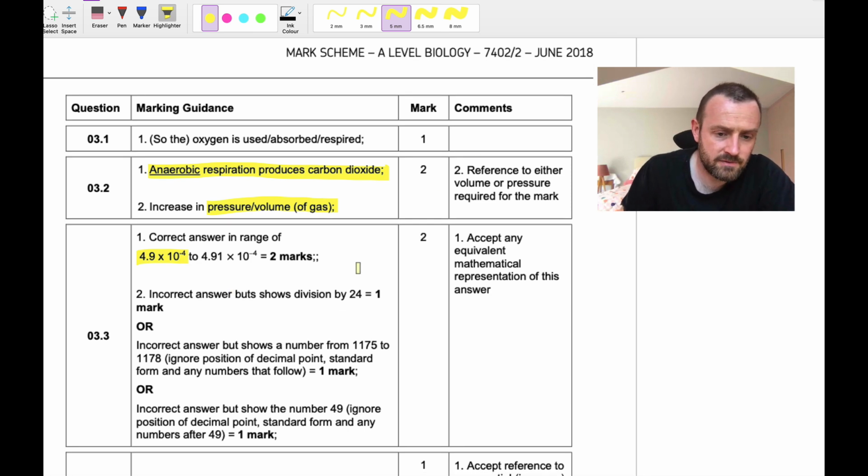If you have divided by 24, even if you got an incorrect answer and you remember to divide by 24, that gets a mark. That's nice. I don't know what this bit is, but if you got any number in this range, then you get a mark. If you have the number 49, you get a mark.